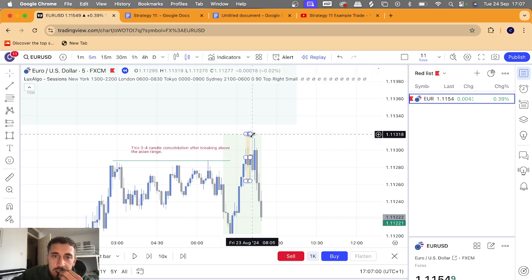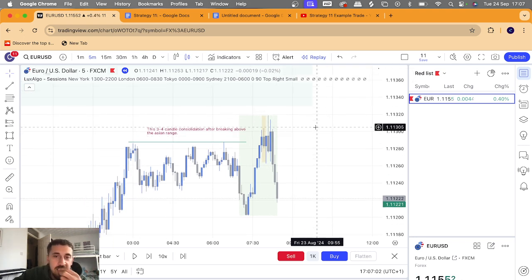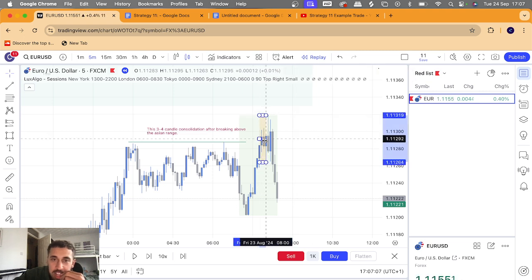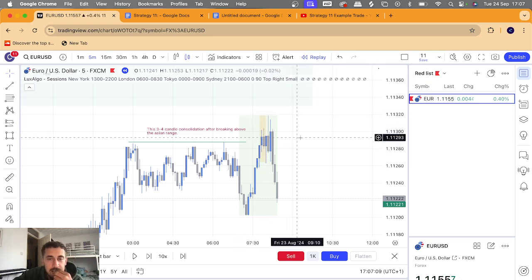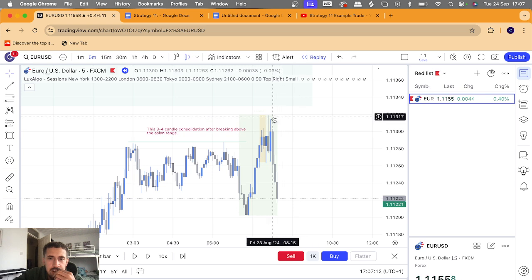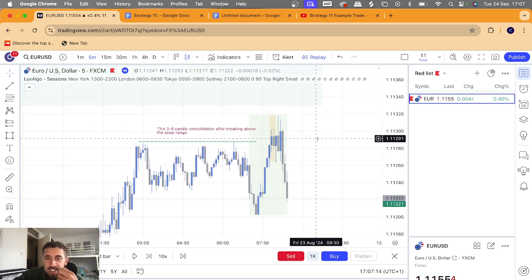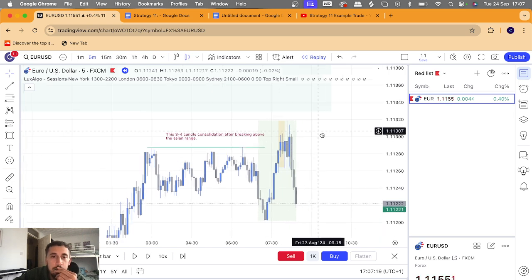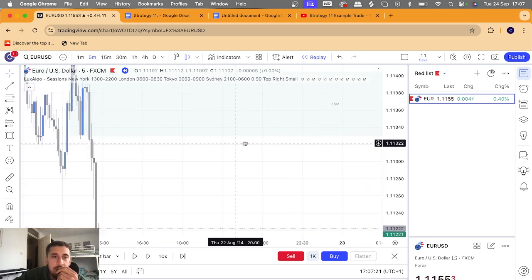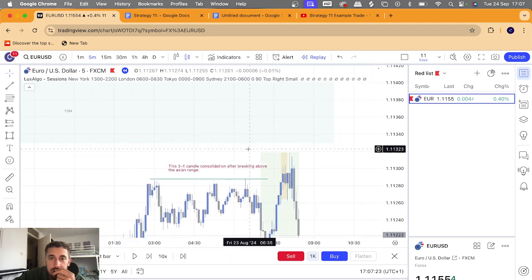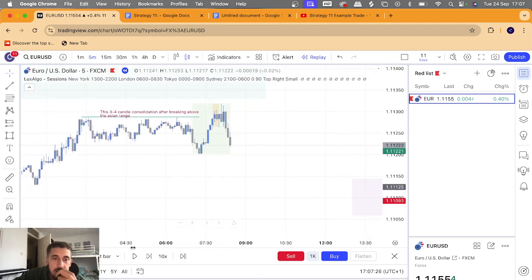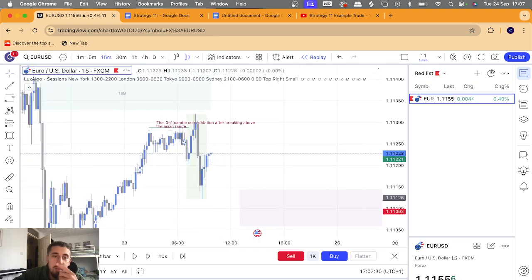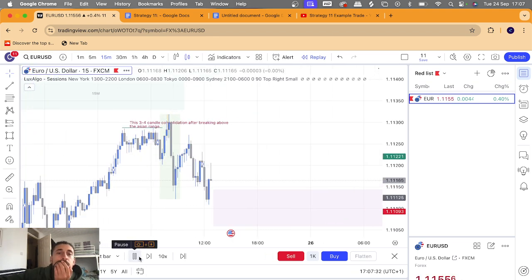Oh, it was there. Okay. Yeah, ignore that. This is obviously not a clear enough trade, but yeah, I don't know what I'm talking about here, to be honest. But yeah, that wouldn't have been a trade anyway, because it didn't tap into anywhere significant. But I am onto something with them little ranges.